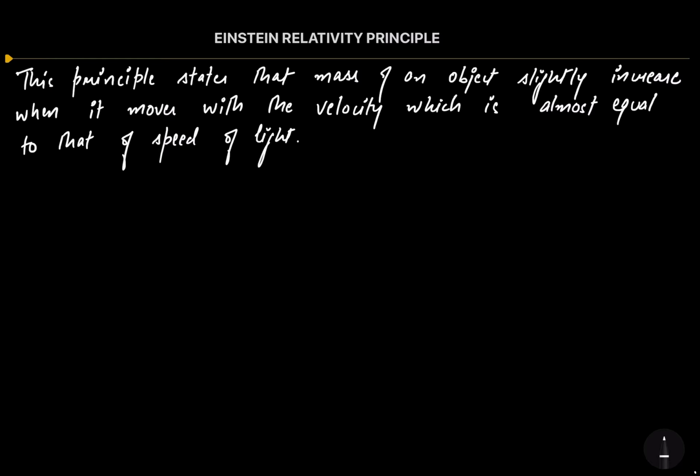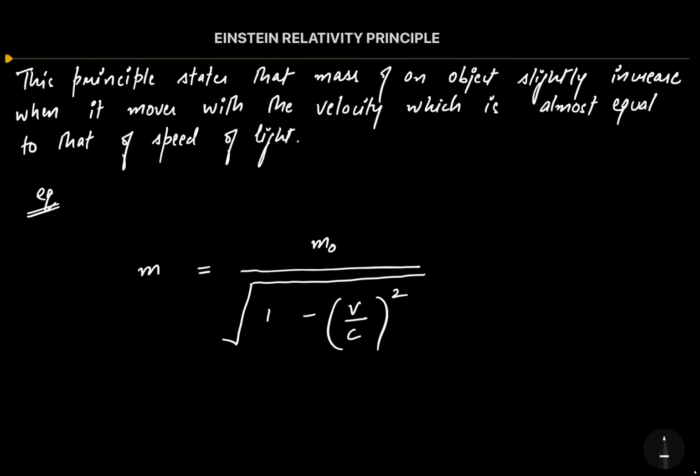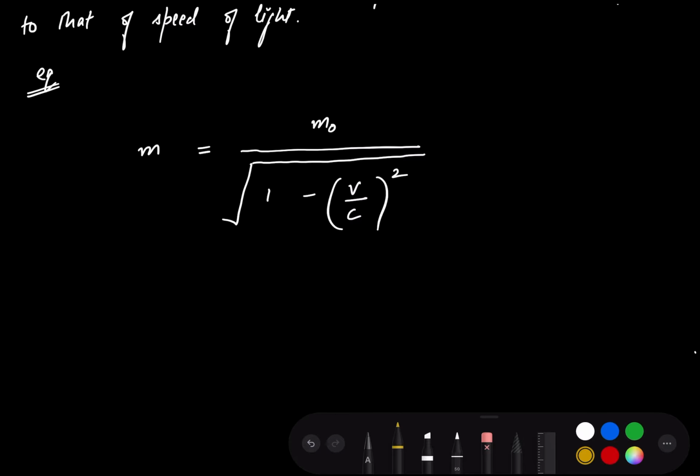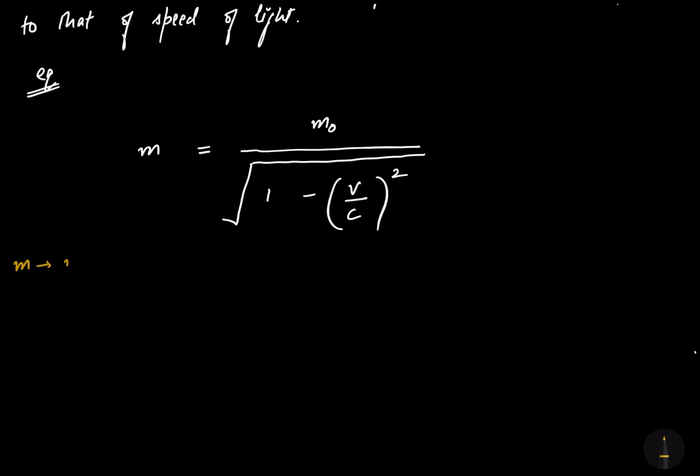So the equation for Einstein relativity principle is m is equal to m naught divided by the square root of 1 minus v by c whole squared, where m is the mass of the object moving with velocity v.